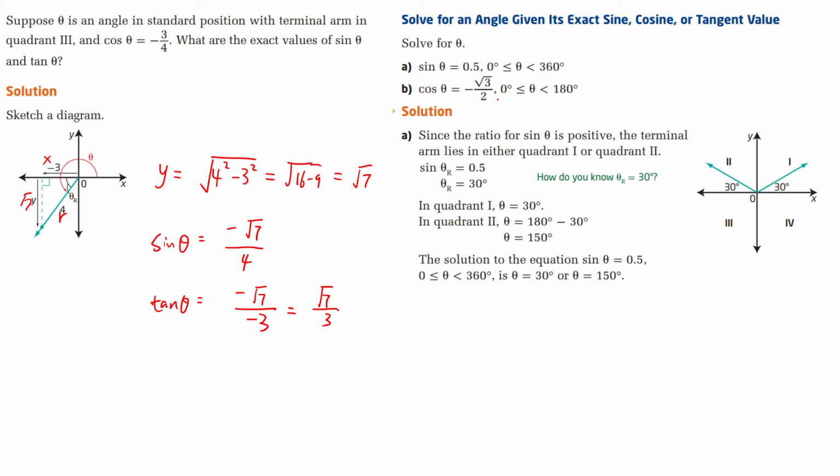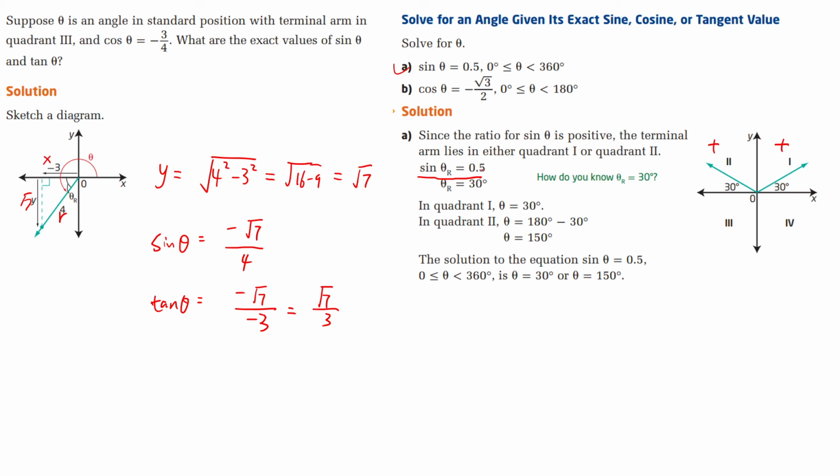In this example, sine theta equals 1/2, and theta is from 0 to 360. So we have to find theta. Because sine theta is positive, theta can be in quadrant 1 or in quadrant 2.